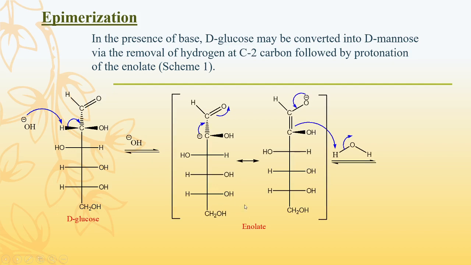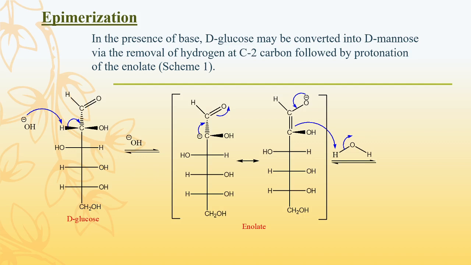So here you can see the enolate, and the NaOH is prepared in water, therefore this hydrogen can come either above the plane or below the plane, that means it can attack above or below the plane.